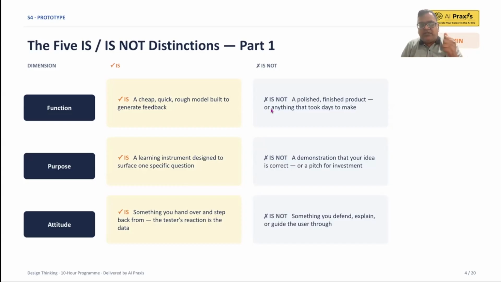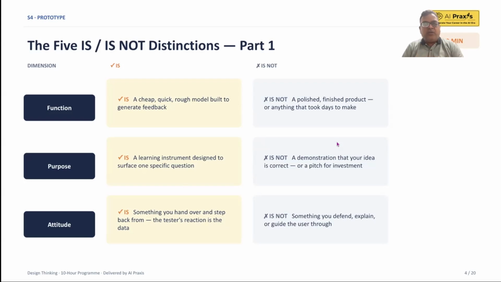As I mentioned, it's not a polished product that looks great and takes many days or weeks to perfect. Think about the first paper mock-ups of the Apple iPhone interface. Before engineers actually built the software, designers tested navigation using paper screens that people could actually tap and swap.